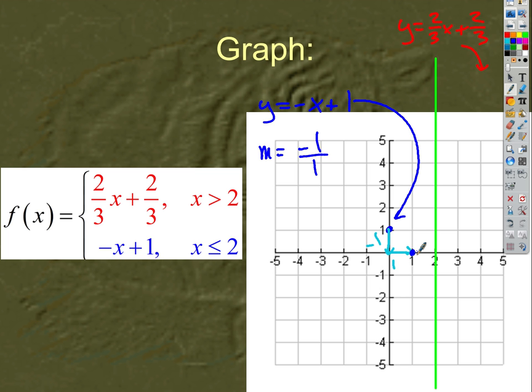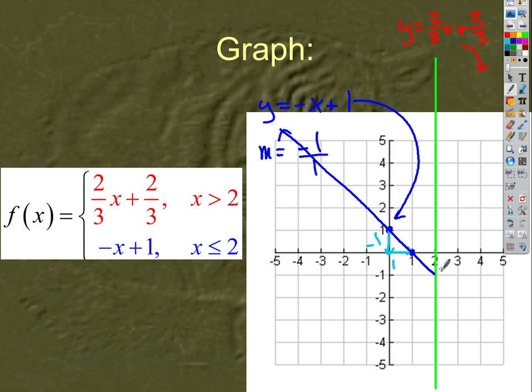I got 2 points, connect and extend. That's it. But notice that I stop. I pick my pen up when I get to the boundary line, or the breaking point, because it's only turned on to the left of that.